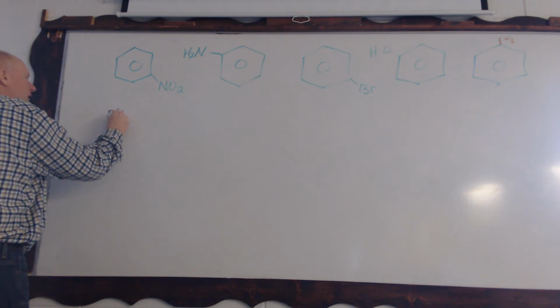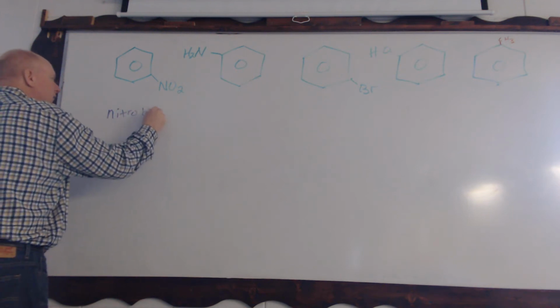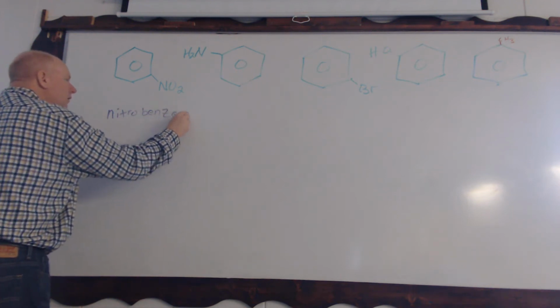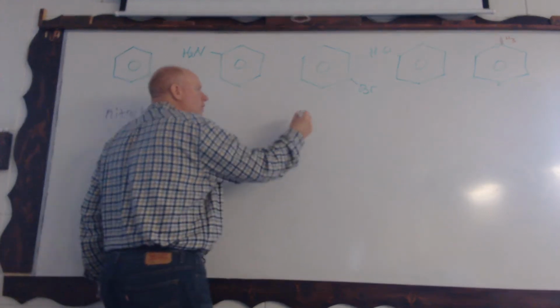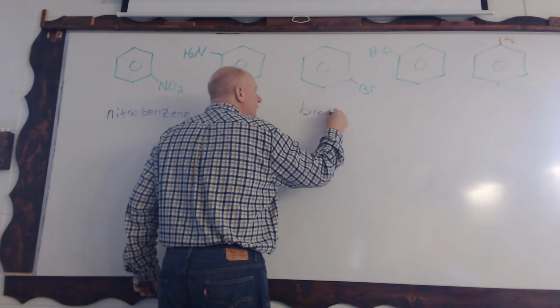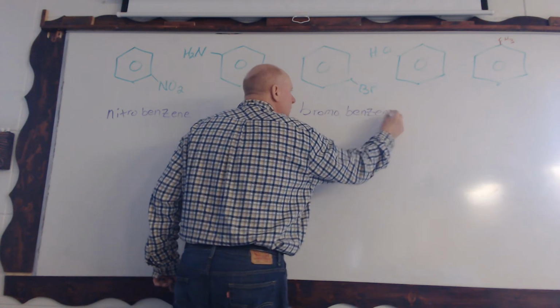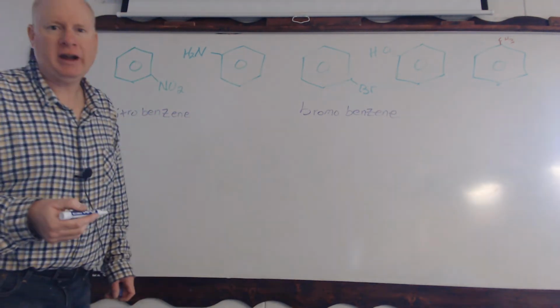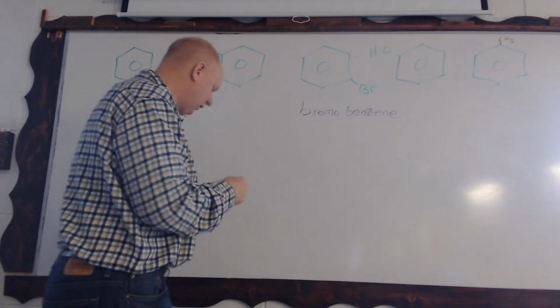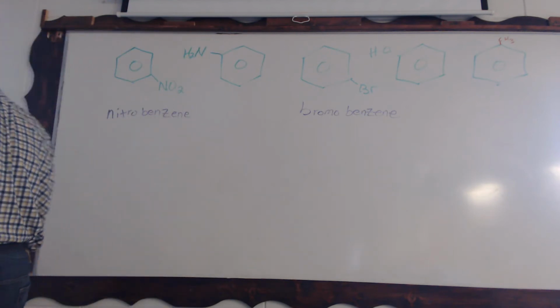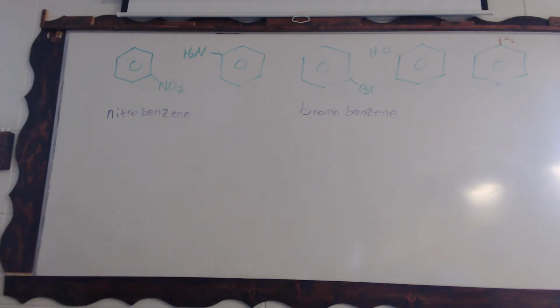This was nitrobenzene. Okay. This one was bromobenzene. See, this purple marker maybe just about had it. I think hopefully it still shows up all right. So let me see if I got a different one.